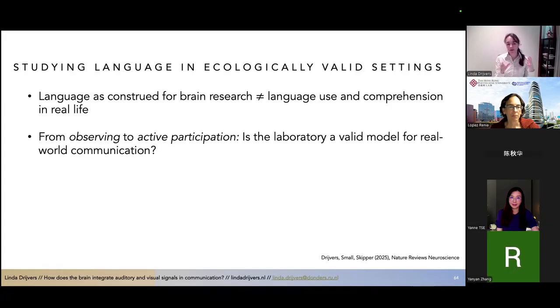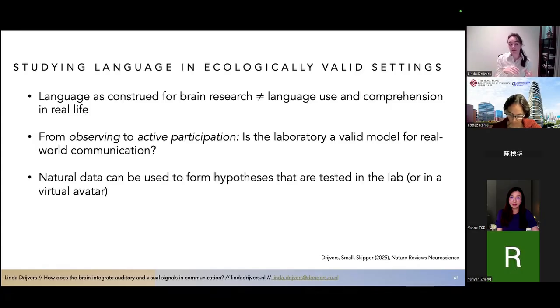So what we want to do now is to move from observing to active participation. So are all of these laboratory results that we've had a valid model for real-world communication? And then, of course, natural data can be used to form hypotheses that are tested in the lab or in a virtual avatar. So I see this as a continuous loop.